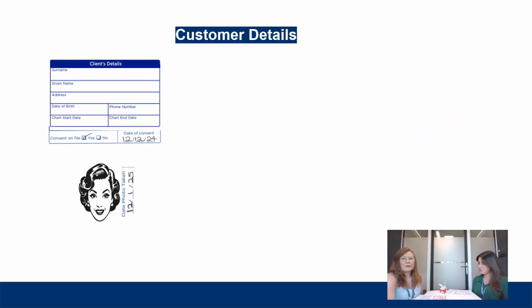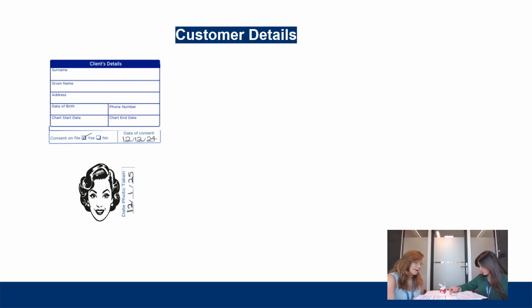Okay, so on the front page, you'll notice here we have a spot for the customer details. So we have surname, given name, address, date of birth, phone number, and please put in the date that the chart is starting. Okay, easy as.